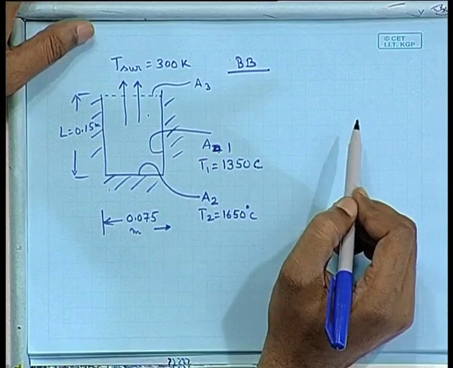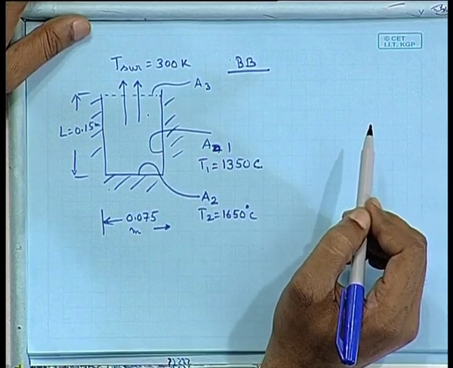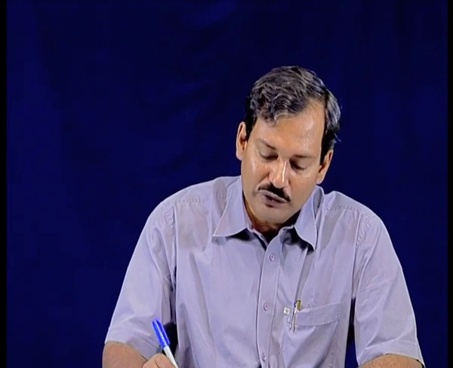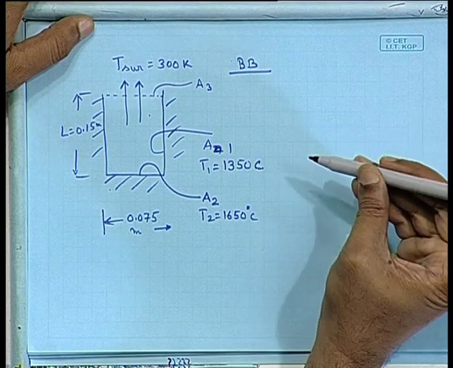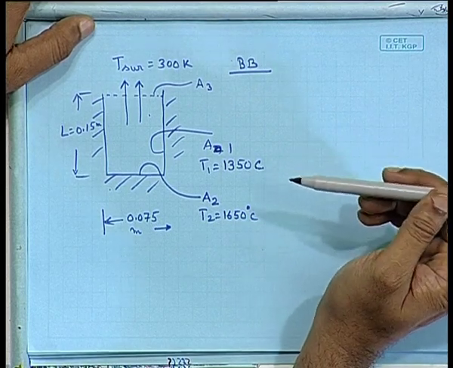Can anyone tell me what would be the expression for the amount of heat that needs to be supplied to surfaces 1 and 2, understanding the fact that the heat is going to be lost through surface 3?